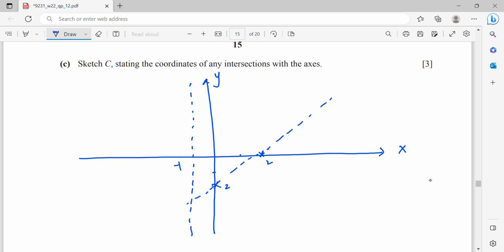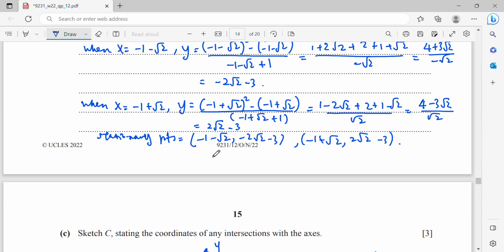So draw this using a ruler. Just now we found two stationary points, minus 1 minus root 2, 2 root 2 minus 3. Basically, this is negative 2.4 and negative 5.83, and then this will be 0.41, negative 0.71.